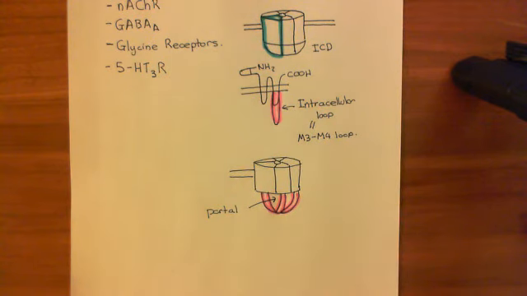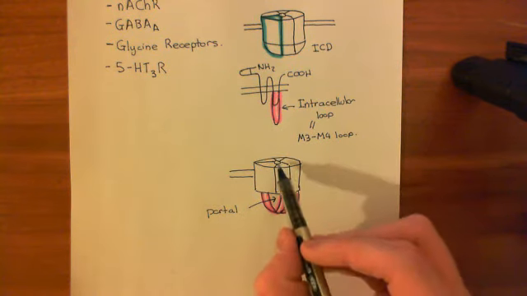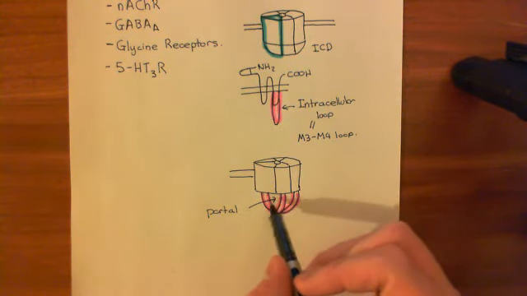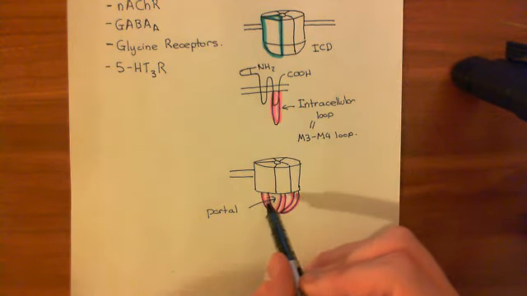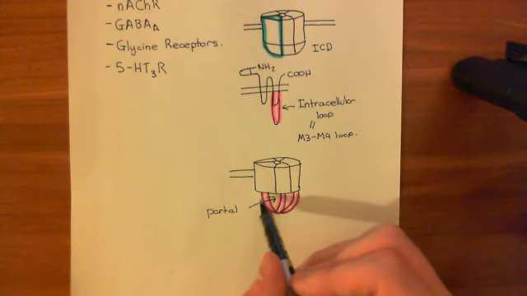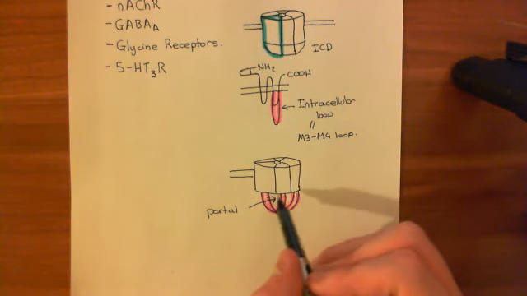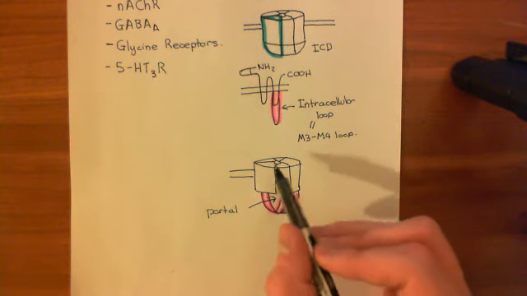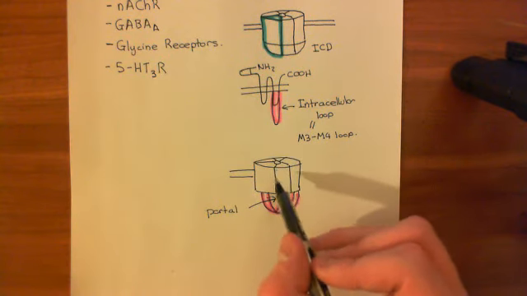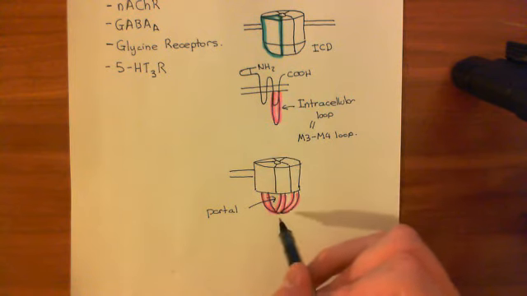Right, okay. So, what this ensures is that when the ions come in through the pore, they then are directed off. And their direction of motion when they come through these portals will be parallel to the membrane. Whereas if you didn't have this intracellular domain, as it's called, then when the ions come through the pore, they go zooming off into the cytoplasm.